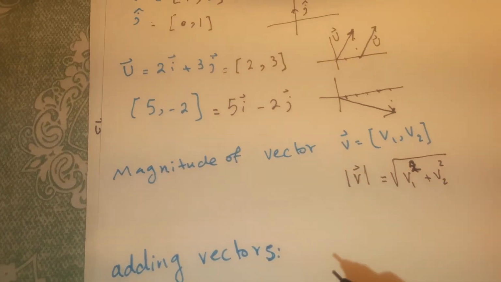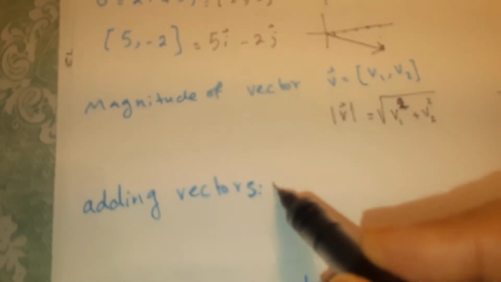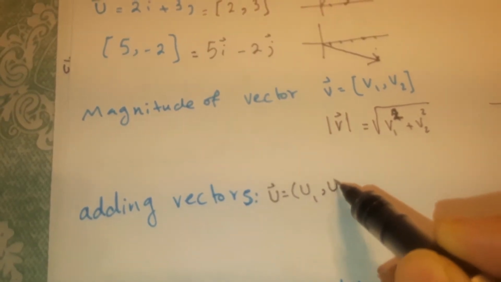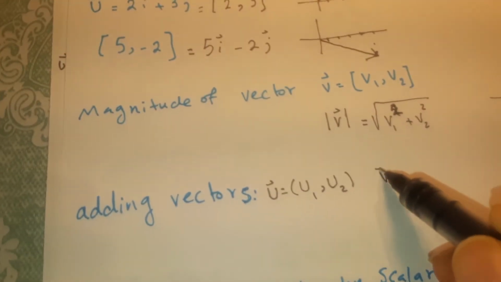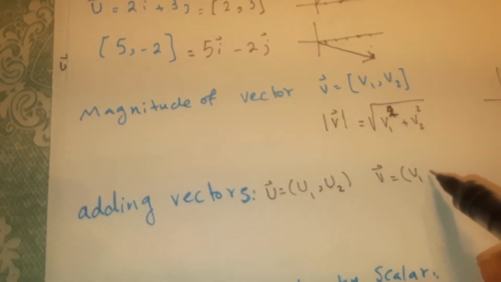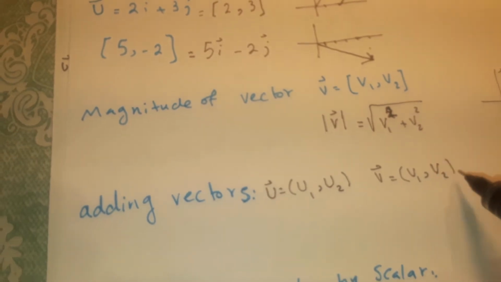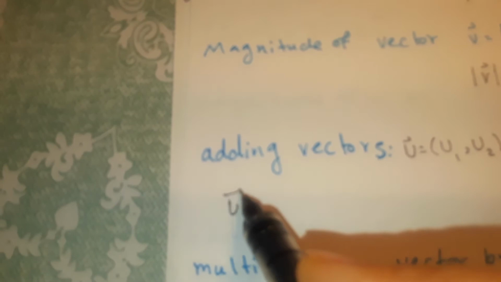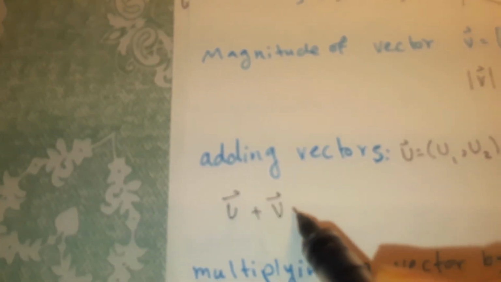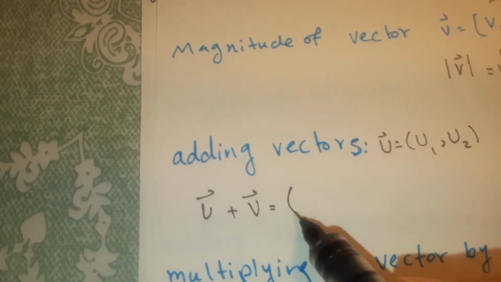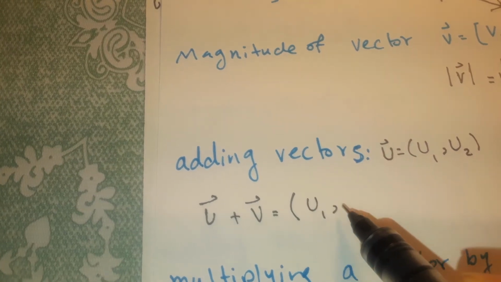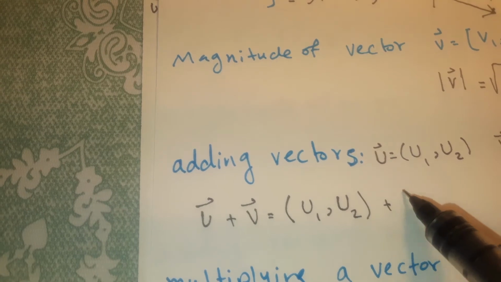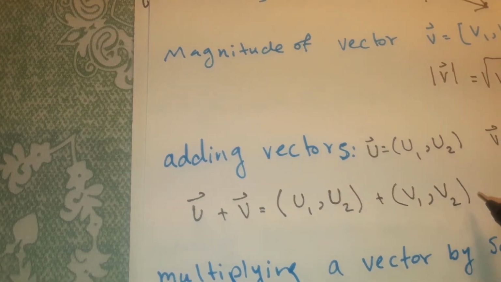So, adding vectors. Let's say I have a vector u. The vector u has the x component u1 and the y component u2. And vector v has x component v1 and y component v2. I want to add these two vectors. u plus v is equal to (u1, u2) plus (v1, v2).